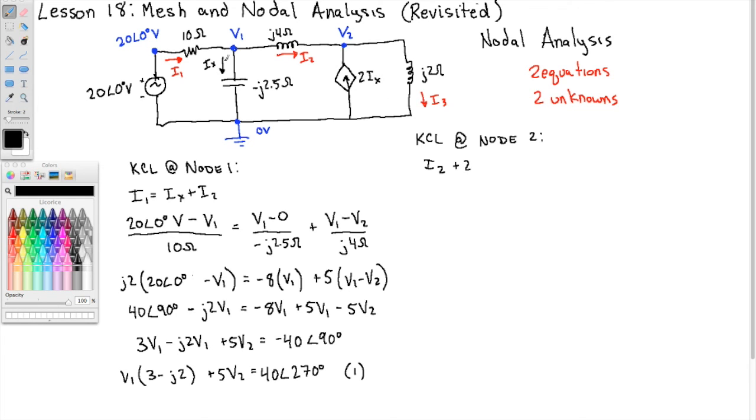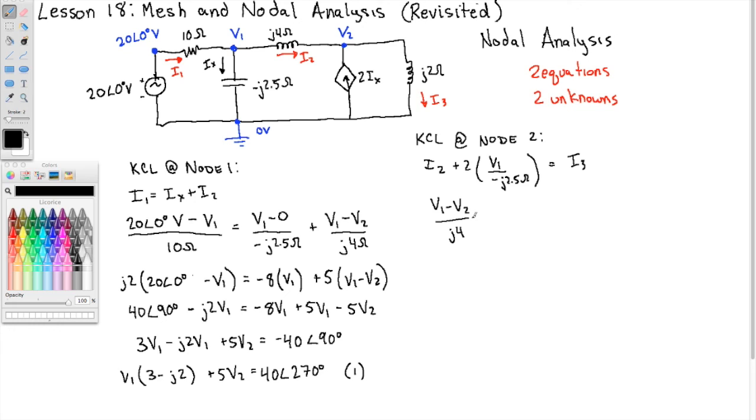IX was V1 minus 0 over negative J2.5 ohms, so this is 2IX. That equals I3 leaving. An expression for I2 in terms of our variables is V1 minus V2 over J4. I'm going to leave off the units to make the math more clear.